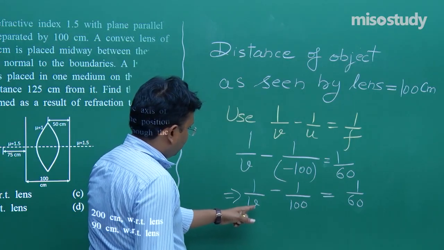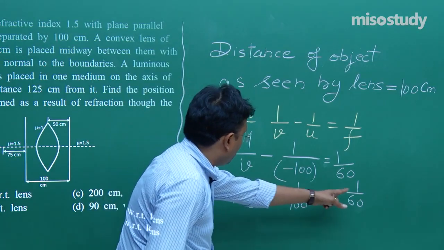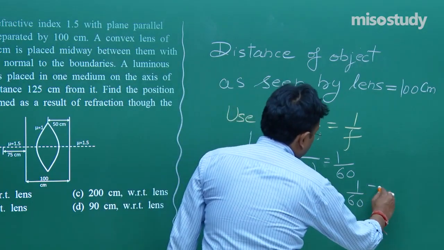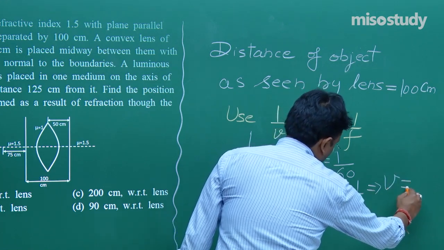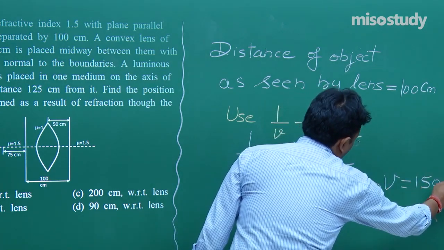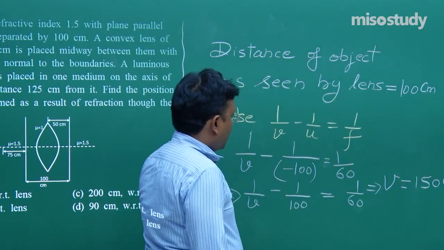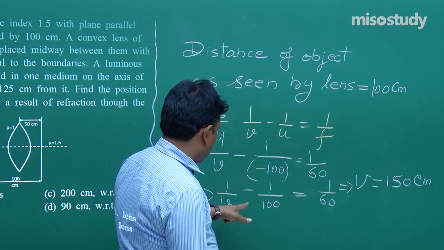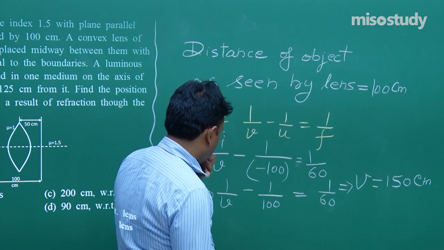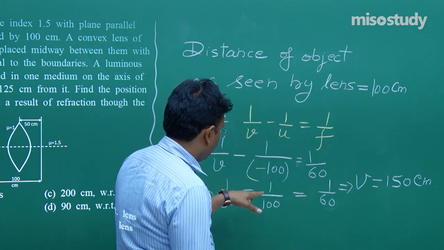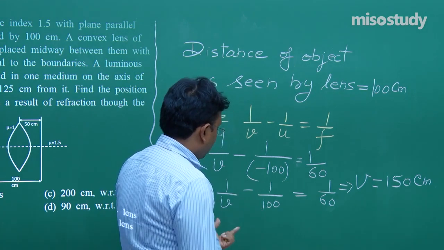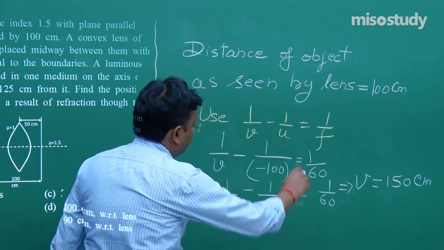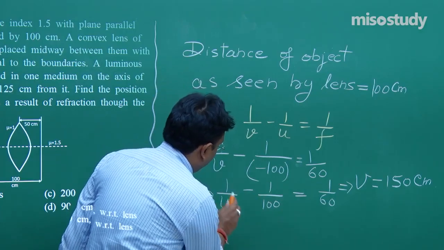If you want to calculate the V, it is very simple, 1 upon V is equal to 1 upon 60 plus 1 upon 100. That way you will get V is equal to 150 centimeter. Now, 150, that is this will give you 6000 upon 40. Yes. So, V is equal to 150. So, ultimately it is going to be 150 and minus of this 50. So, that will give you 200 centimeter apparent distance.